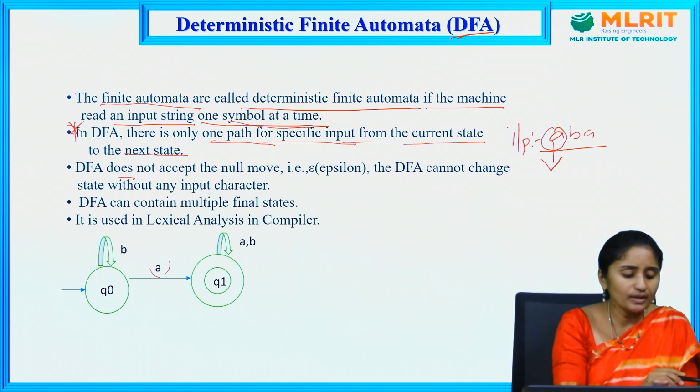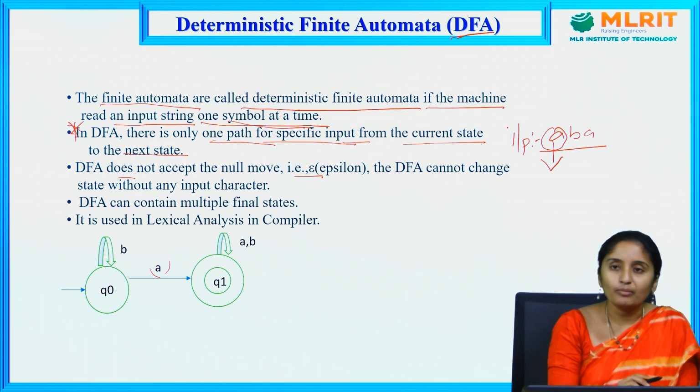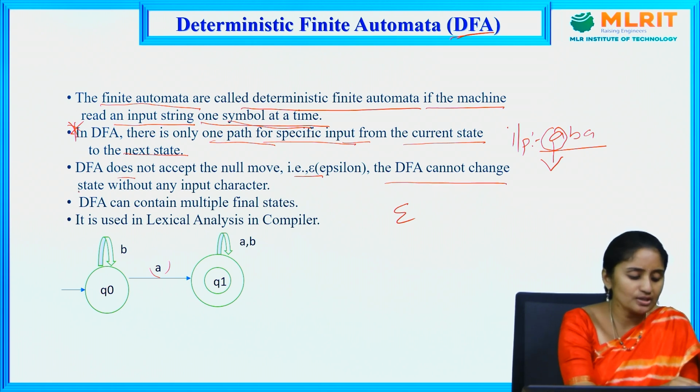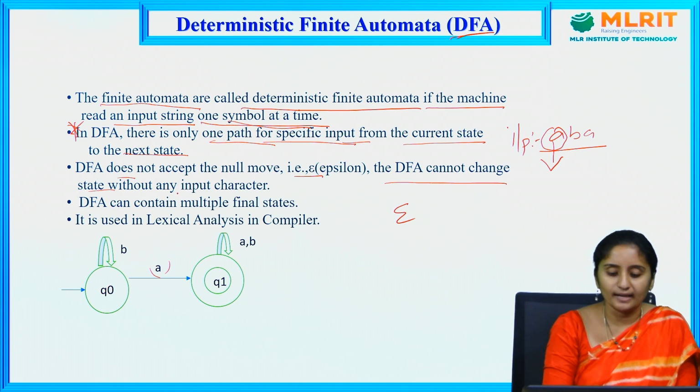The DFA does not accept null moves. Null is represented with epsilon. The DFA cannot change state without any input character. Suppose Q0 is one state and Q1 is another state.